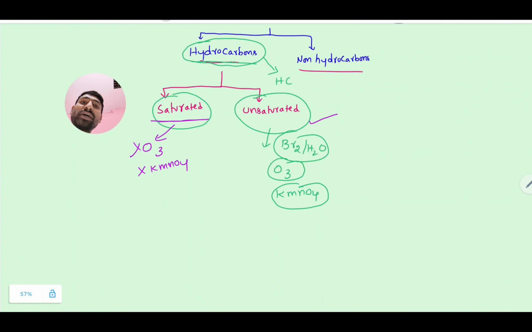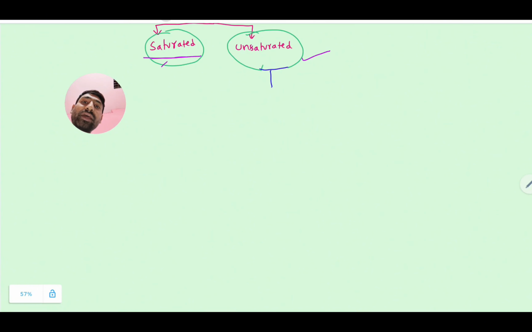Unsaturated hydrocarbons are again divided into two categories. They are alkenes and alkynes. Alkenes are compounds with the general formula CnH2n and at least one double bond.